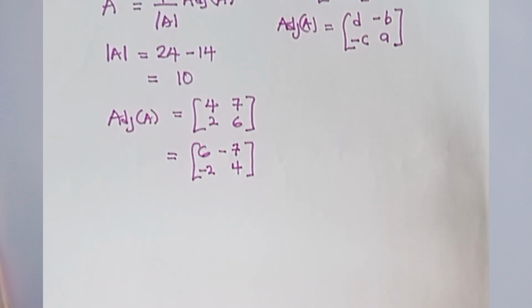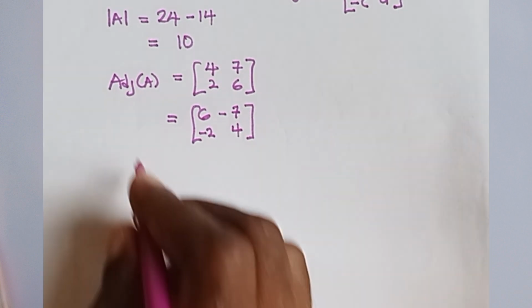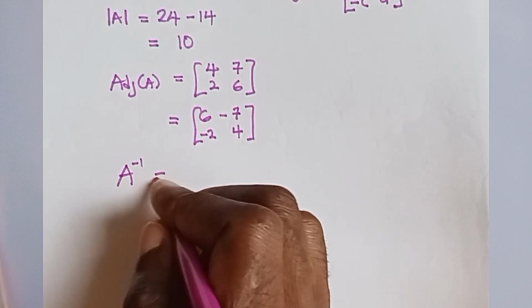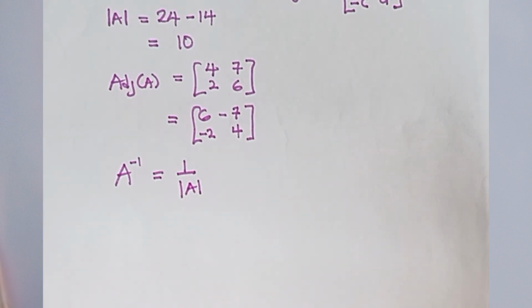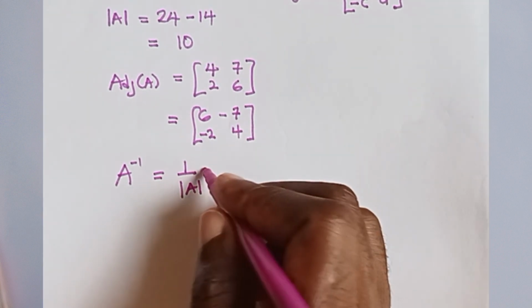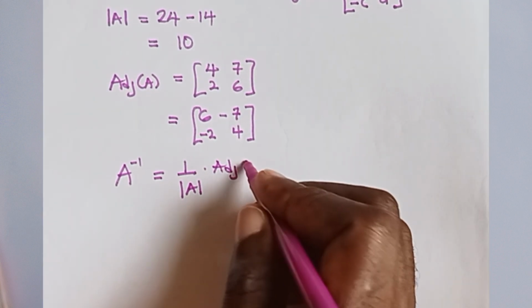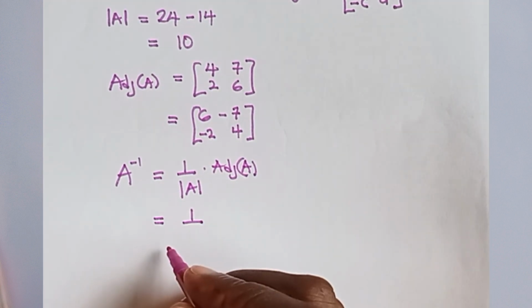The next thing for us to do is to find the inverse. We have the determinant of A, and we also have the adjoint of A. So let's write the formula again. The inverse of A equals 1 over determinant multiplied by the adjoint of A. So 1 over, what's our determinant?